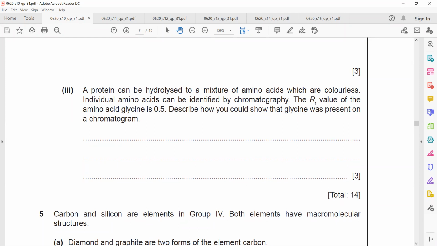Basically you have to explain how you will work it out. We will use chromatography, but amino acids are colorless.